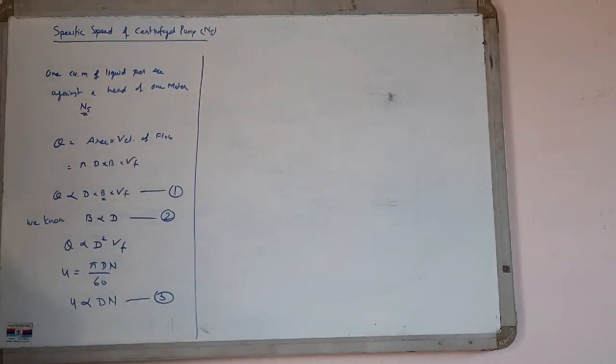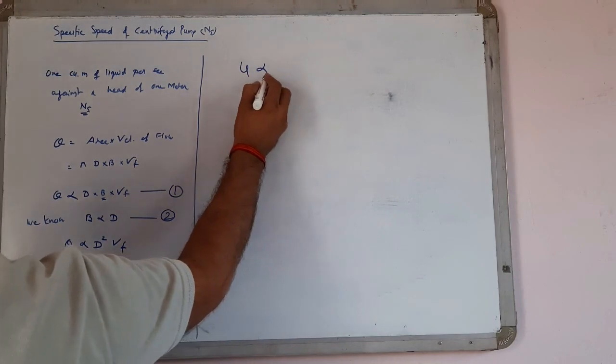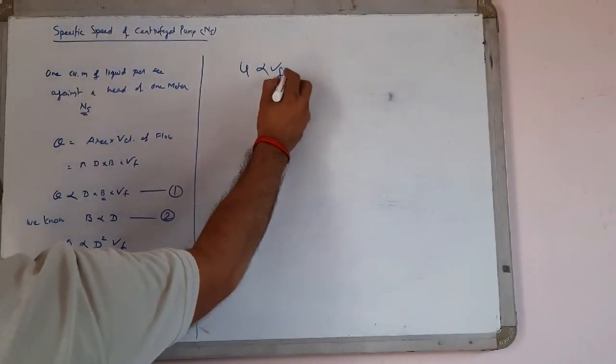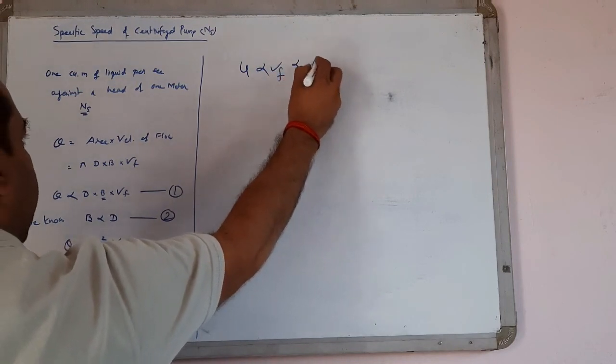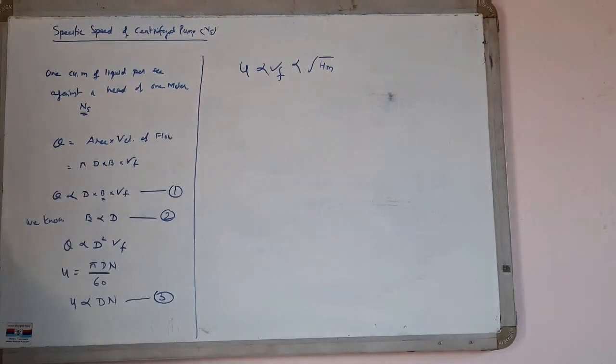Now, the tangential velocity U and velocity of flow Vf are related to the manometric head as U is proportional to Vf, and Vf is proportional to square root of Hm, the manometric head.